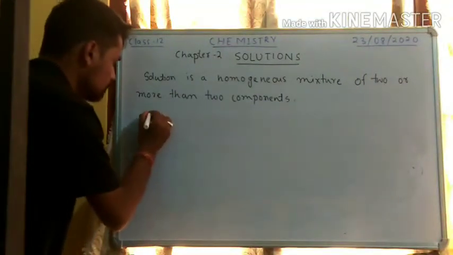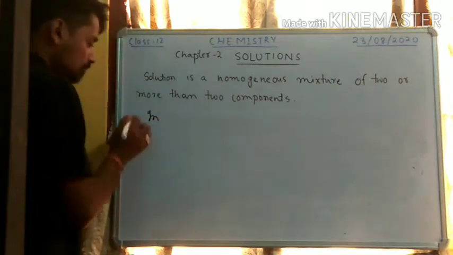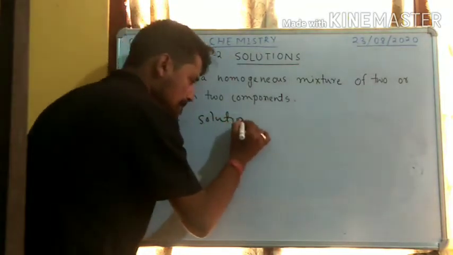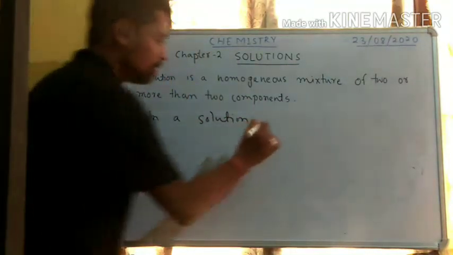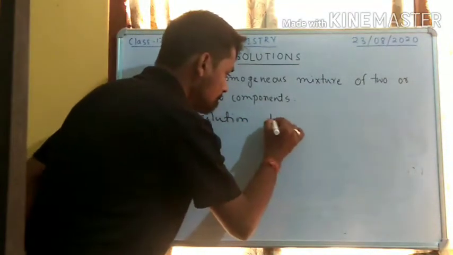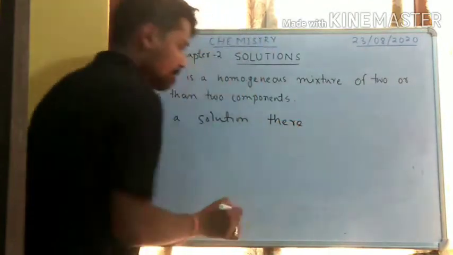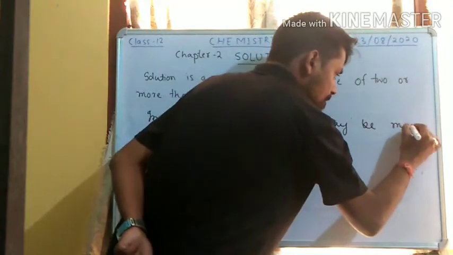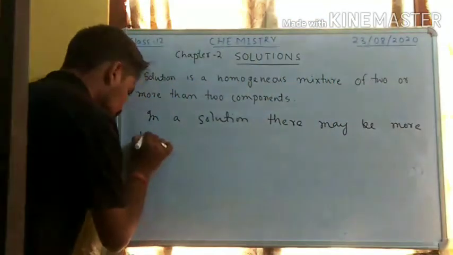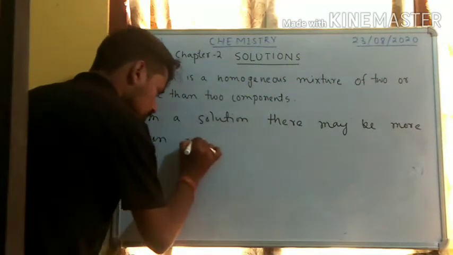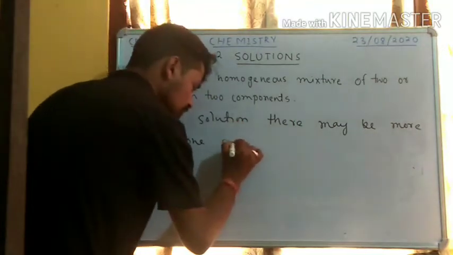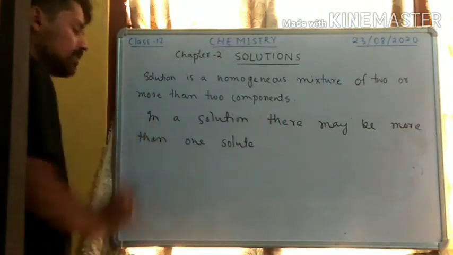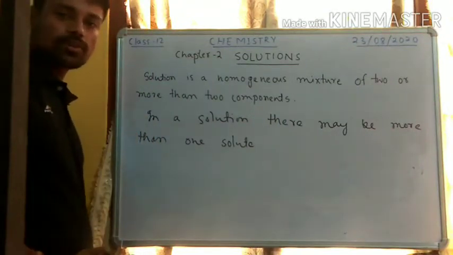Right, in a solution there may be more than one solute. It means in a solution the number of solutes is not fixed.